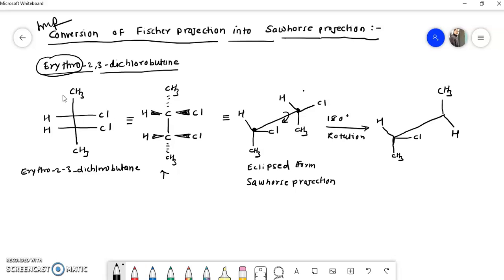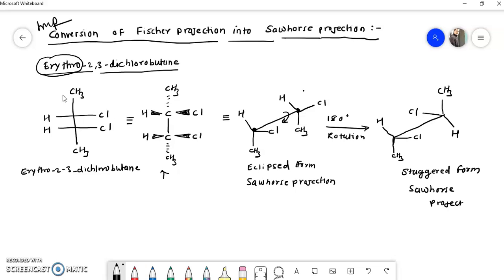This hydrogen and this hydrogen are on opposite sides, and similarly this chlorine and this chlorine are on opposite sides. So we call this a staggered form.